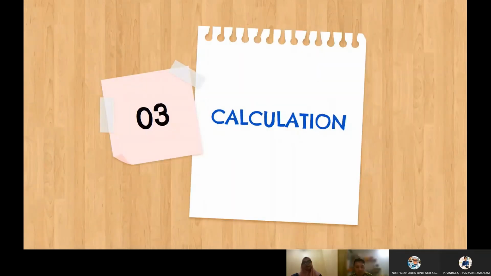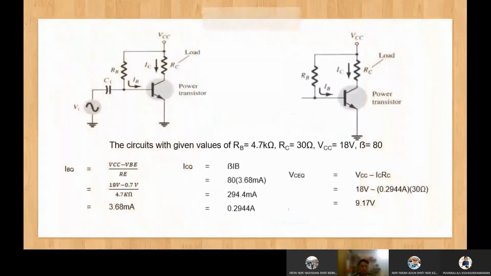Okay, thank you. Moving to the next part of our task, which is the calculation for this circuit. We have been given the circuit at the left and provided with the values of RB, RC, VCC, and beta. We will find the characteristics of this circuit, and the first characteristic is the DC analysis.